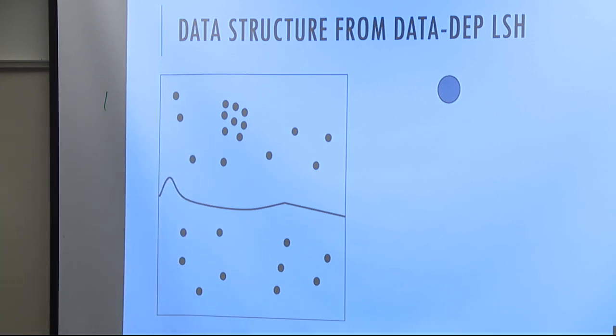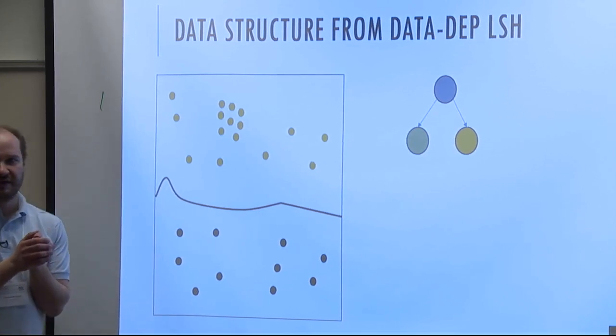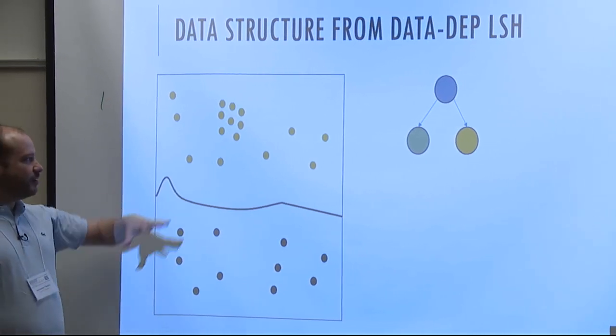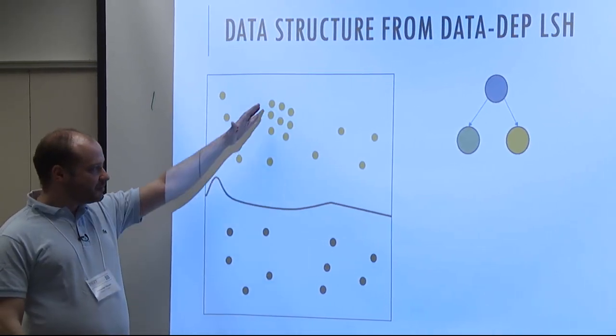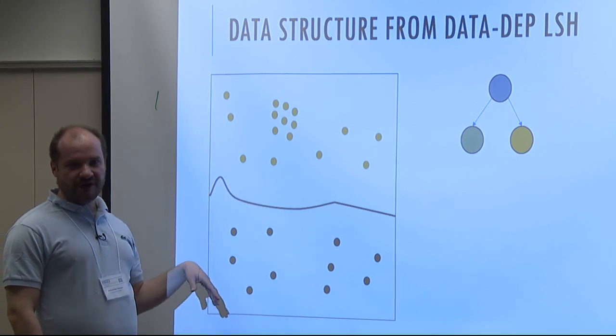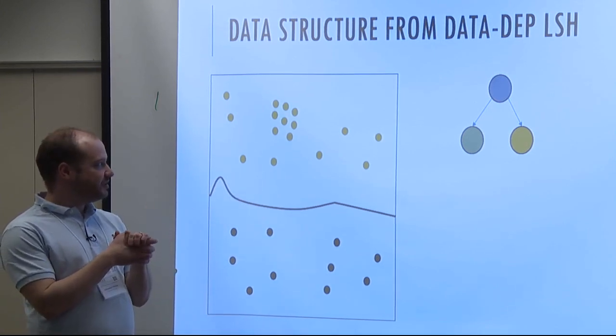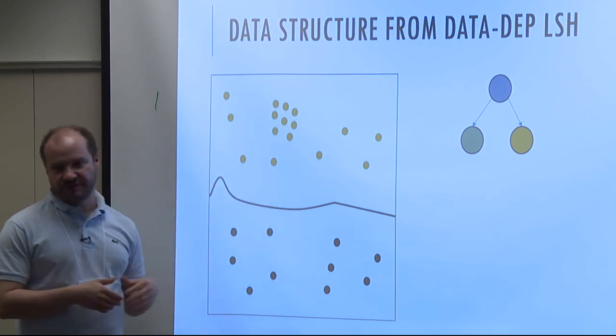It could be into more than 2 parts. And I'll start building, roughly speaking, a randomized decision tree. So I'll partition my points into, let's say, the 2 parts that are given to me by my data-dependent LSH partition, and I'll recurse on each.